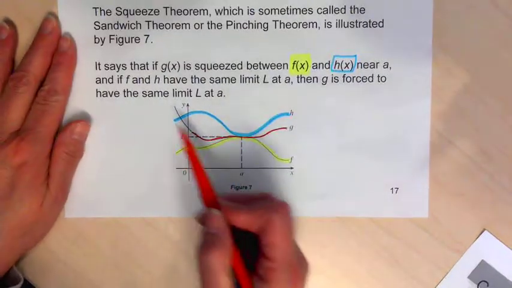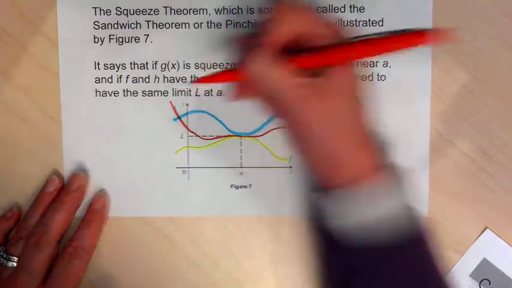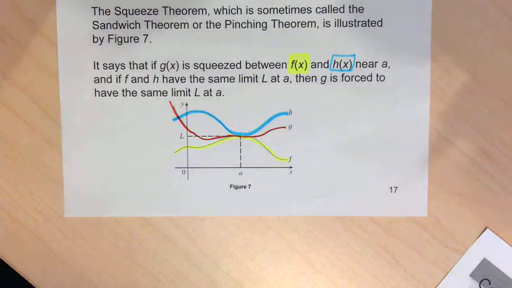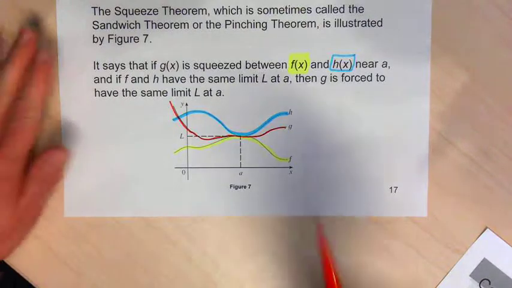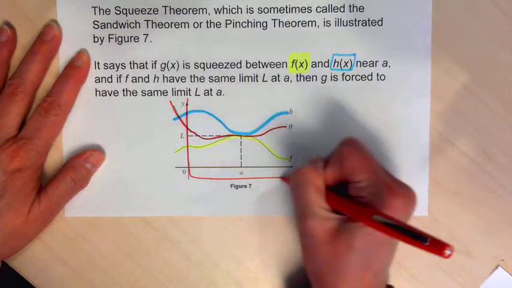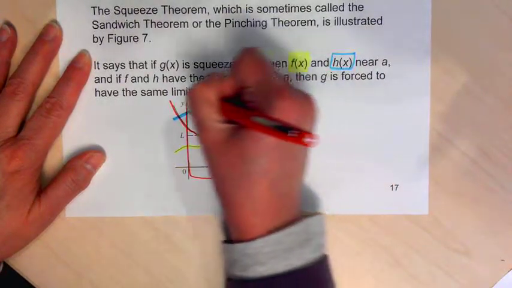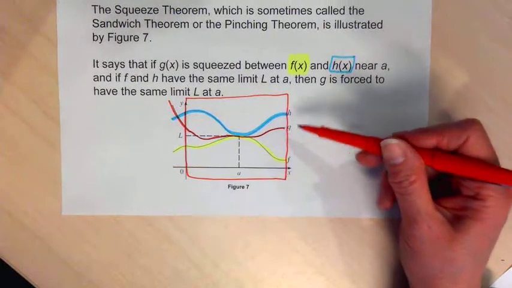If you look to the left, you can see that red g function may cross over and become greater than h, but that's outside the region that we're looking at. So we're just going to look at this part of the graph, where g is sandwiched in between.